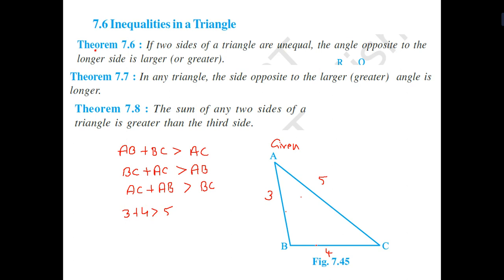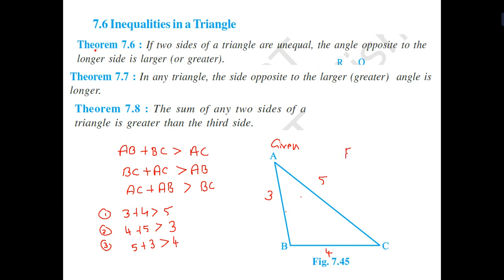Second, 4 plus 5 is greater than 3. Third, 5 plus 3 is greater than 4. So that is theorem 7.8.